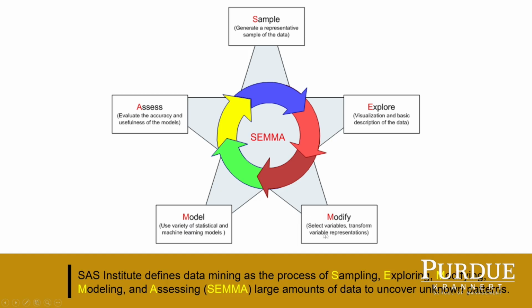So that's basically the data preprocessing step. The fourth one is called model. That's the modeling step, where we can apply all kinds of supervised learning algorithms to do predictive modeling. And the final step is called assess. Basically, we want to evaluate the accuracy and usefulness of the models.